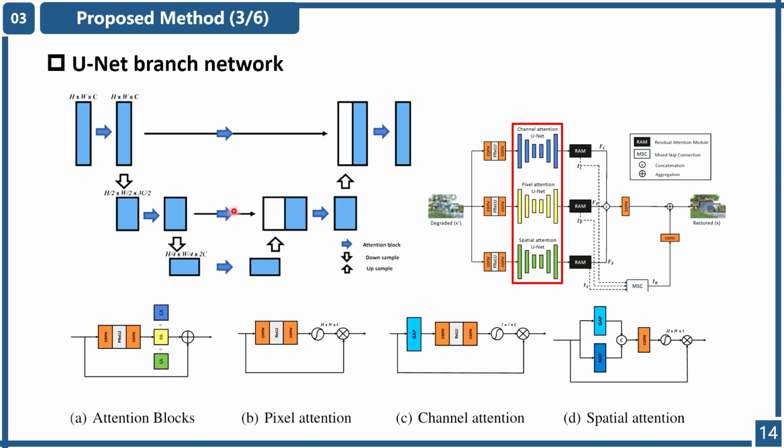Our branch network is built upon a three-level UNet architecture as shown in this figure. The raindrop effect image first goes through a shallow feature extraction with a convolution layer to extract initial features for each branch. We employ different types of attention blocks as shown in figure A, including pixel attention, channel attention, and spatial attention.